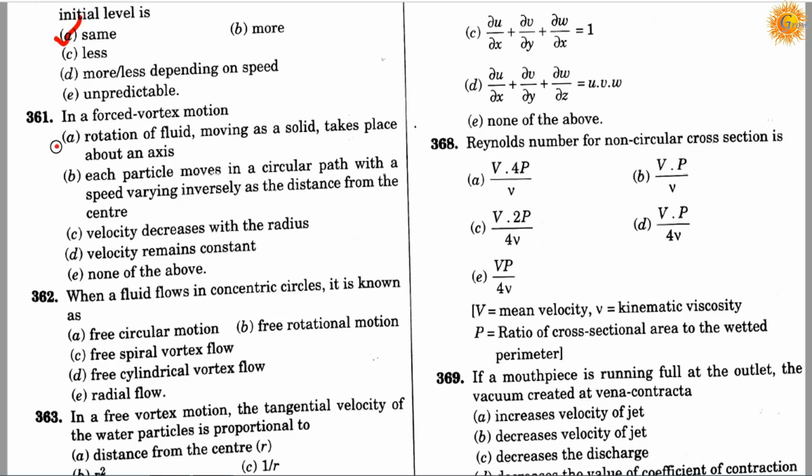Correct answer is A. In a forced vortex motion, rotation of the fluid moving as a solid takes place about an axis.